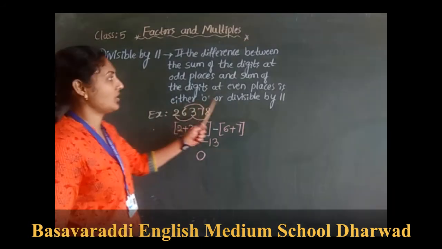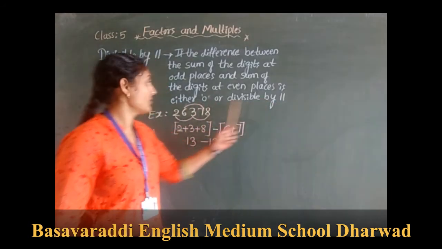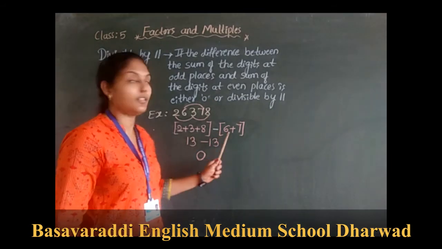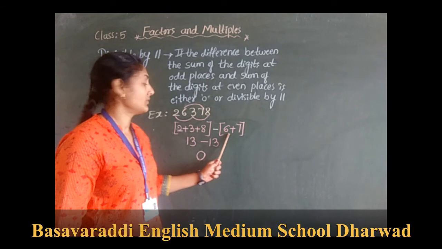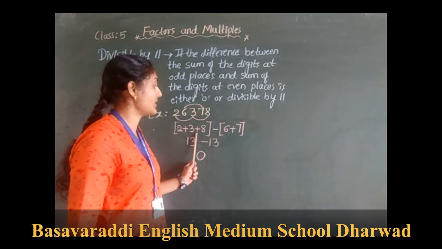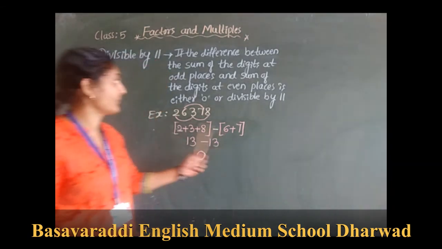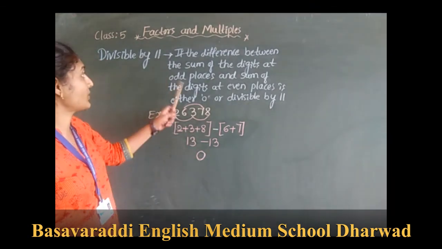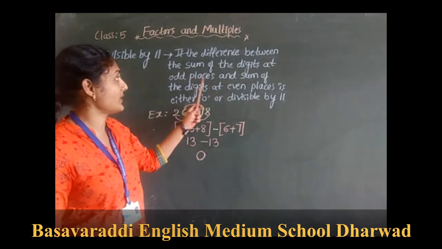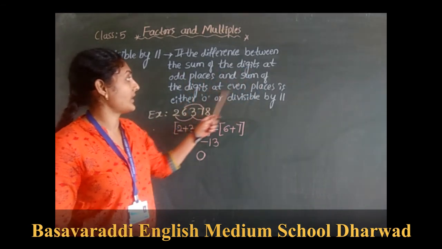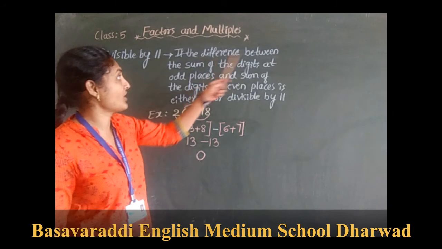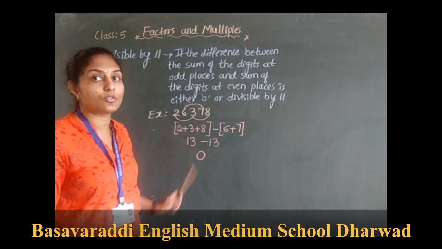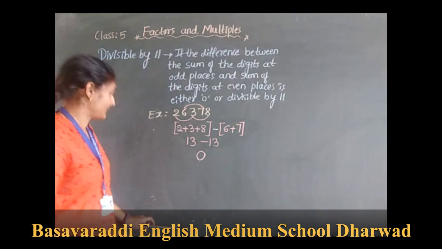Yes, either 0 or divisible by 11. So there is the difference between the odd digits and even digits, that is 0. One more time, the sum of the digits at odd places and the sum of the digits at even places, the difference between these two is 13 minus 13, equal to 0.